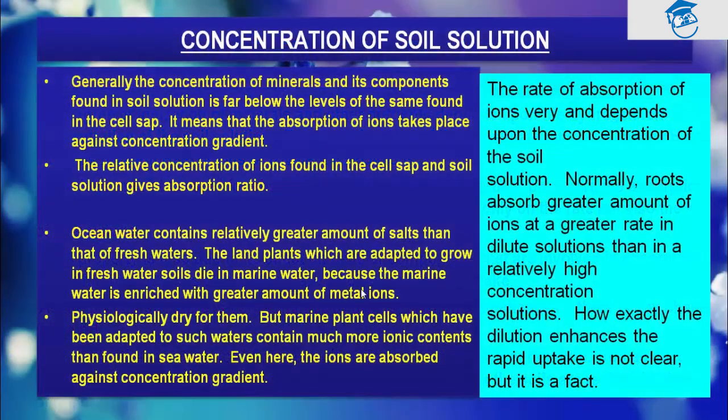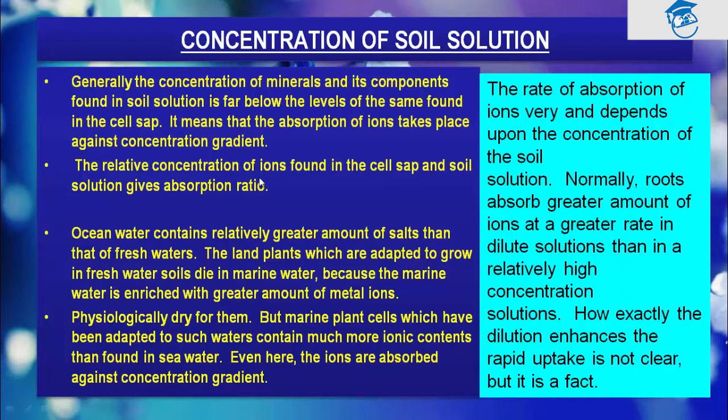Now, the fourth crucial factor that influences absorption is the concentration of soil solution, students. It is seen that generally the concentration of minerals and their components found in the soil is far below the level of the same found in the cell sap. It means that absorption of ions takes place against the concentration gradient.